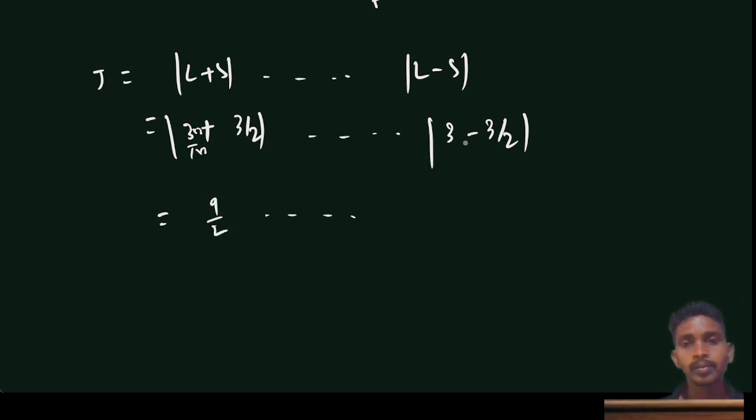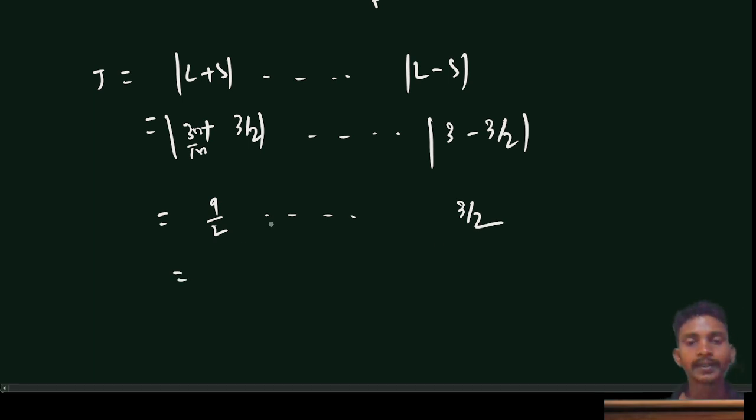And the lowest value is 3 minus 3 upon 2, which is 3 upon 2.